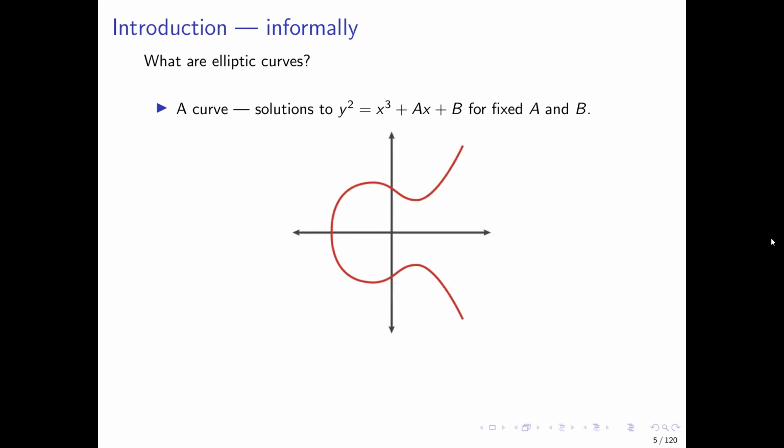If you try to graph that curve in a real plane, it will look something like this. So it's a curve, right? But there's also an important property. It's a group, so there's some notion of addition of points. Take 2 points on your curve, and there's some way of adding the points to make a group.